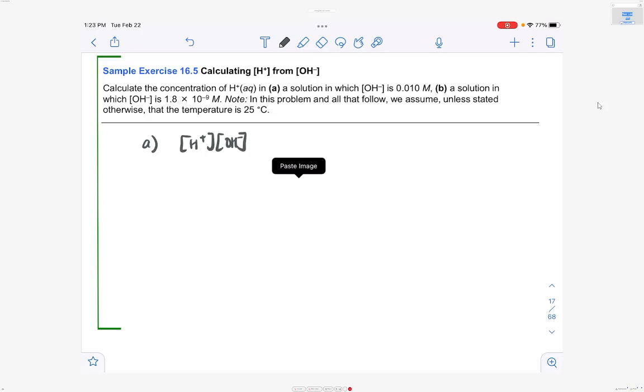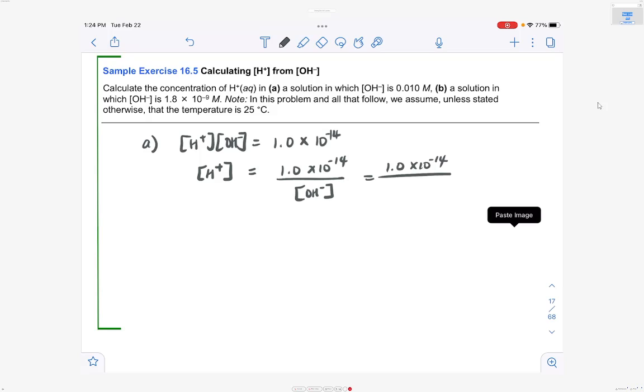Kw is proton concentration times hydroxide concentration, which is equal to 1 times 10 to the negative 14. Then concentration of proton is going to be Kw value divided by hydroxide concentration, which is 1.0 times 10 to the negative 14 divided by 0.010. We have 1.0 times 10 to the negative 12 molar.